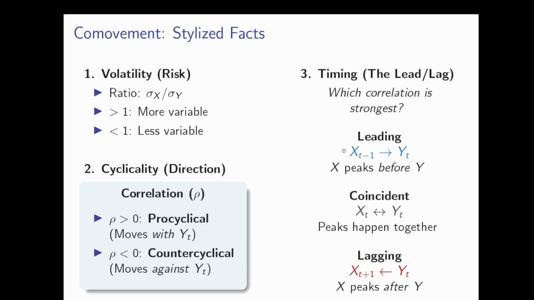If we take the correlation of, say, previous quarter's CPI inflation with current GDP, and this is our largest correlation, then this would say X peaks before Y. Similarly, if we look at the future value of CPI and the correlation with contemporaneous GDP, and this is our largest correlation, we can confirm that CPI lags GDP.